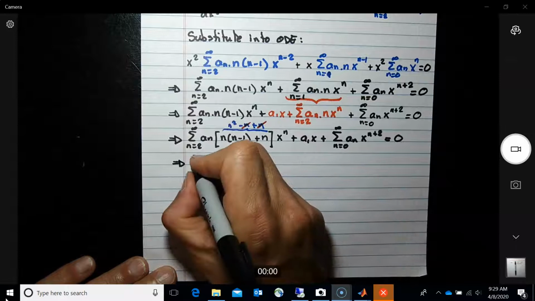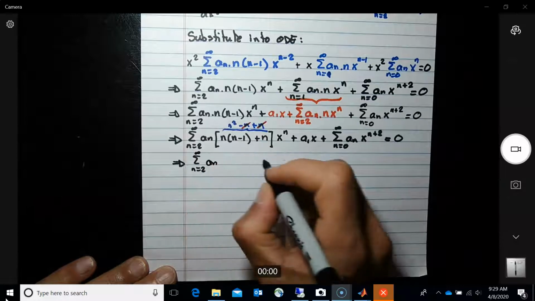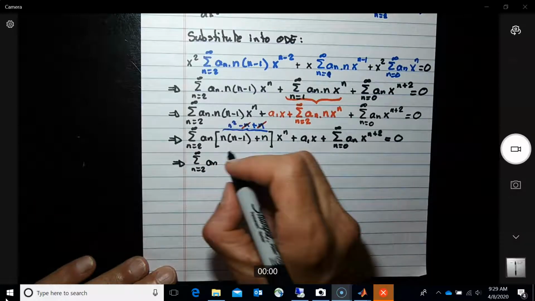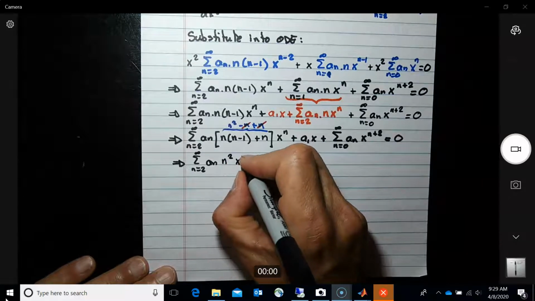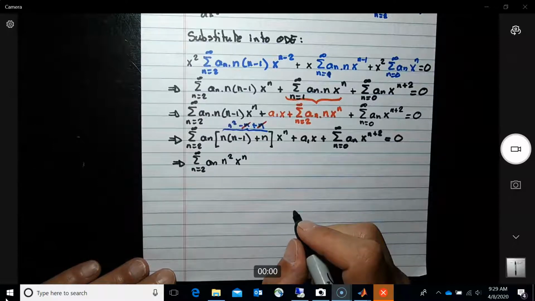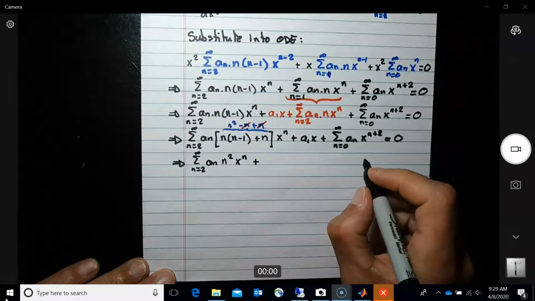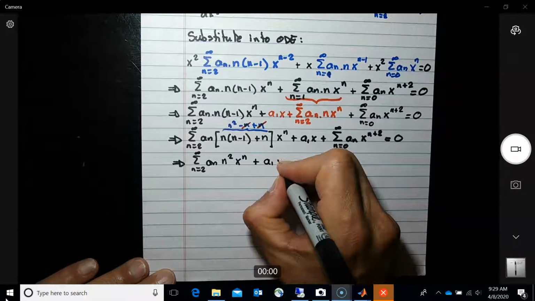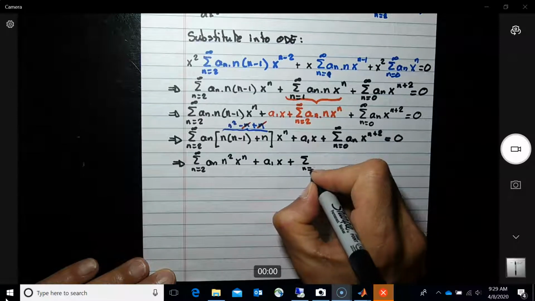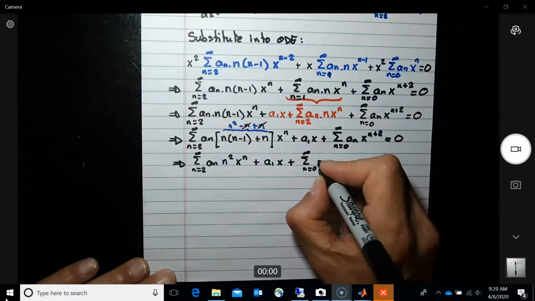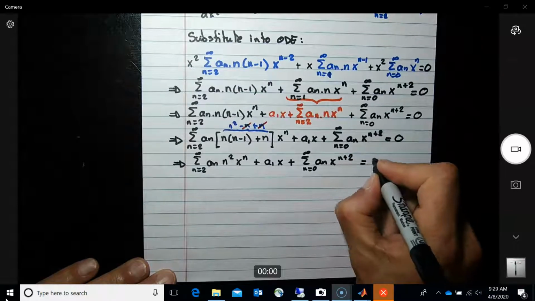So let's first say this will be equal to summation from n equal to 2 to infinity a sub n times n squared x to the n, okay, plus a1 x plus summation from n equal to 0 to infinity a sub n x to the n plus 2 equal to 0.